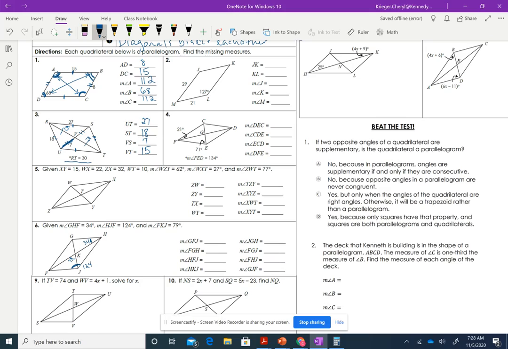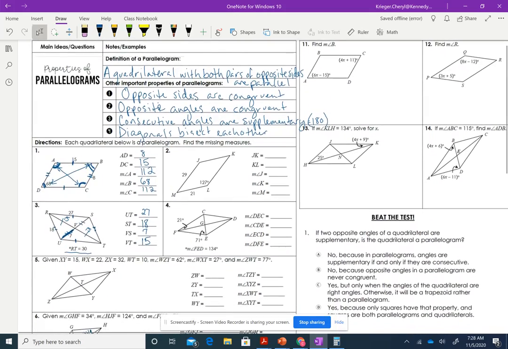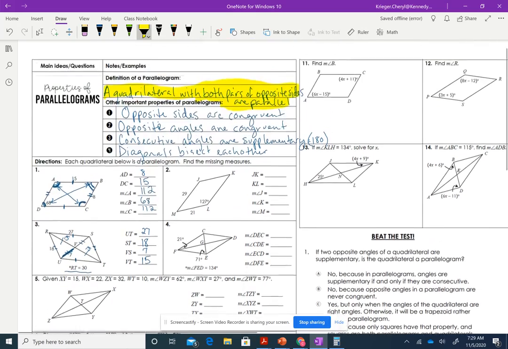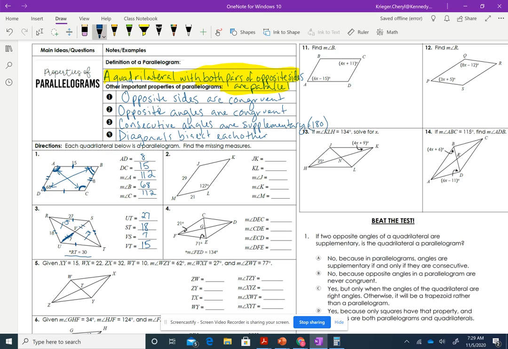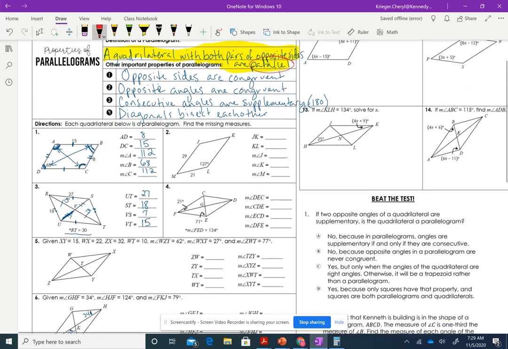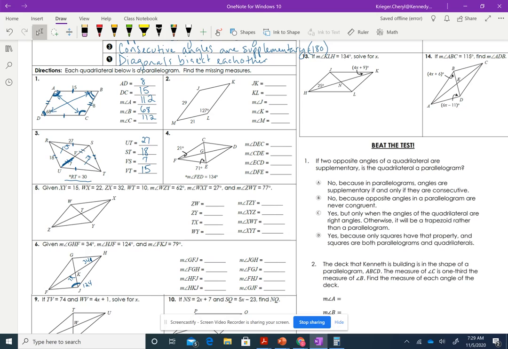So what do we know about parallelograms? Specifically, a quadrilateral with both pairs of opposite sides parallel. Sorry, guys. Specifically this word should bring up something, right? Parallel lines give you angle relationships.